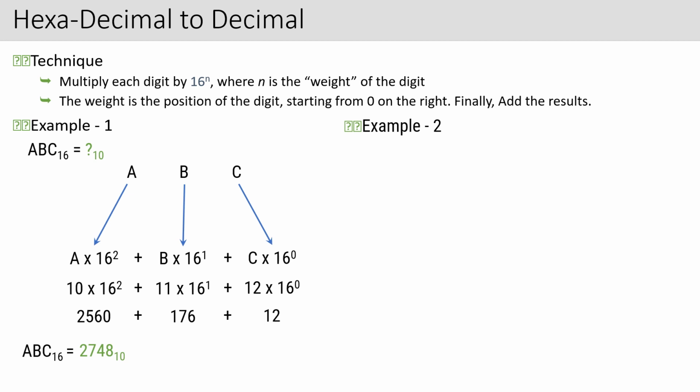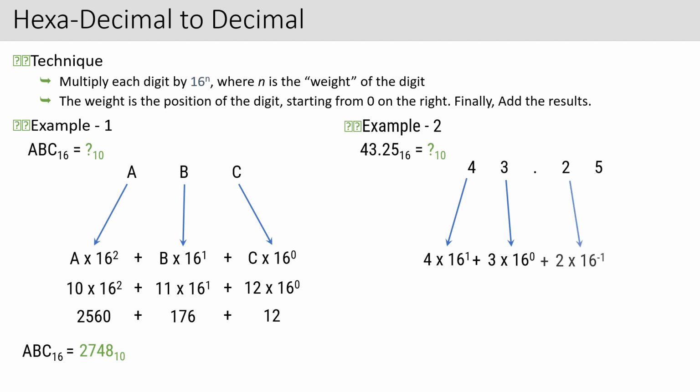Same way, I want to convert a fractional number. Suppose the fractional number is 43.2516, and I want to convert it into base 10. Before the point, count the digits: 2 digits are there. So 4 into 16 to the power 1, 3 into 16 to the power 0.